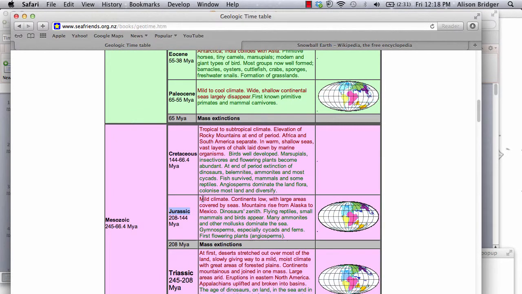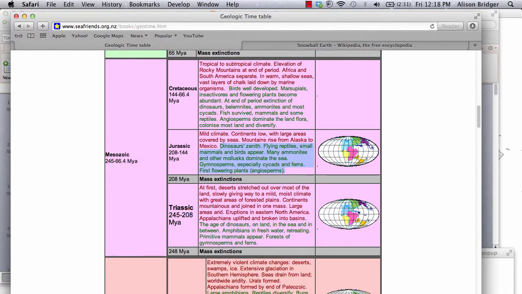The Jurassic period, mild climate, continents low with large areas covered by seas, mountains rising from Alaska to Mexico. The zenith of dinosaurs, flying reptiles, and so on. So there's some stuff in here about what kind of animal life was on the planet and what kind of plant life was on the planet. And then the final column over here on the right, I do want you to pay attention to that. This looks at what the arrangements of the continents was at the time in question.